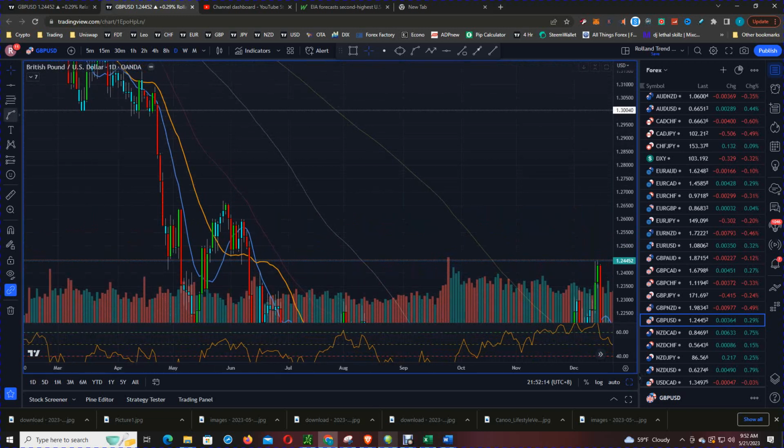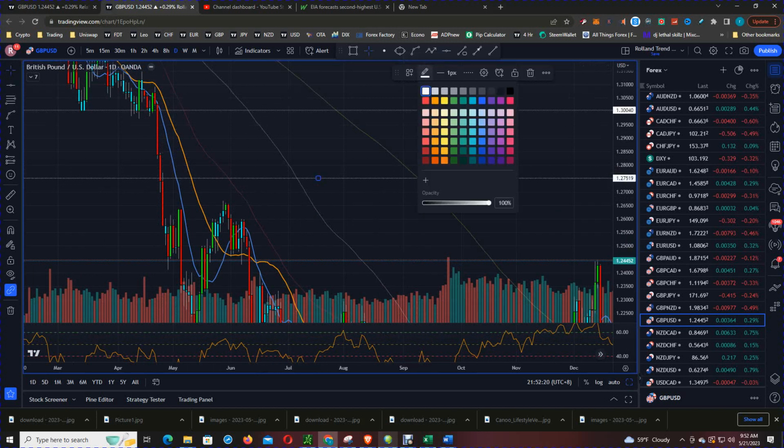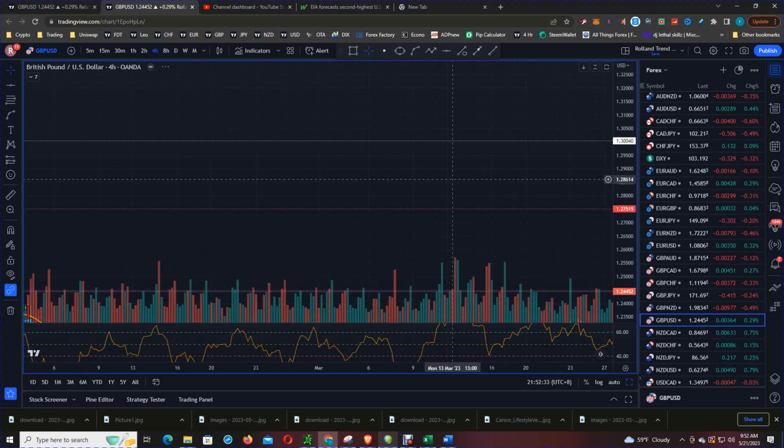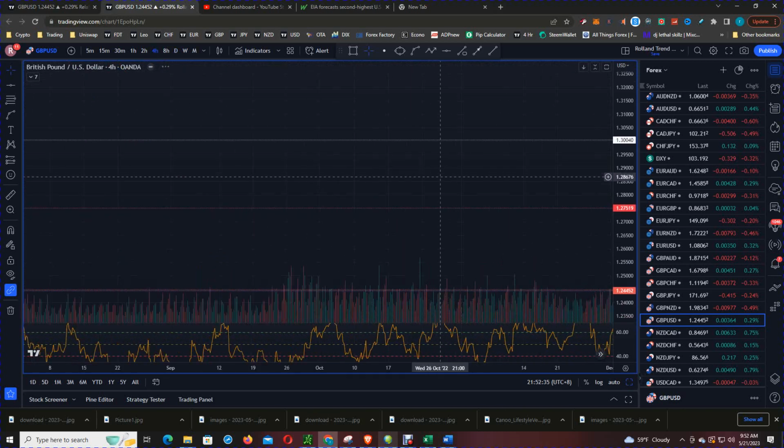All right, you have some minor sellers at the 1.725. This is a wick over wick. Let's go down to the 4-hour chart just so I can show you what that looks like.